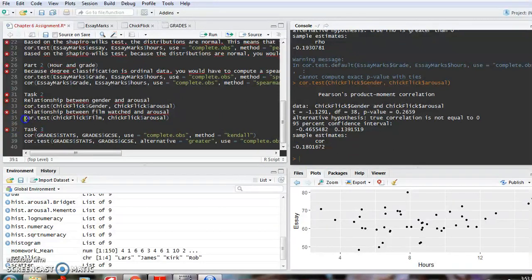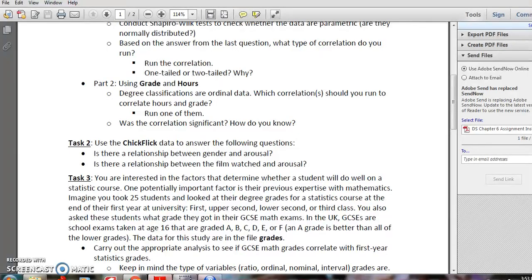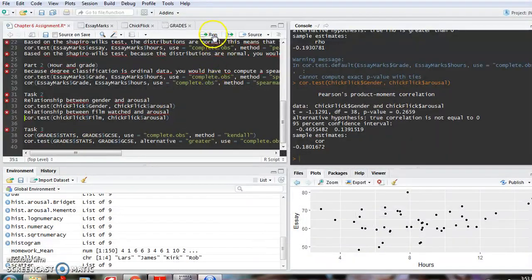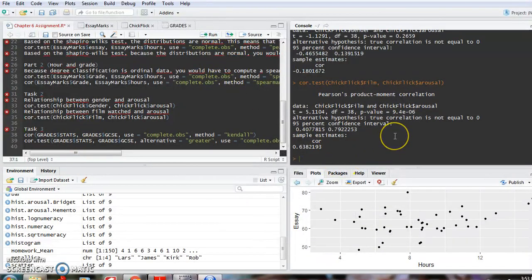Now we also have to test the relationship between film watched and arousal. So we're going to run this test. For the p-value, we do have a significant p-value. Really, just move the decimal places about 6 times to the left: 0.0, 0.009, and so forth.